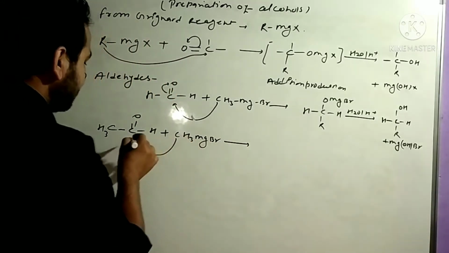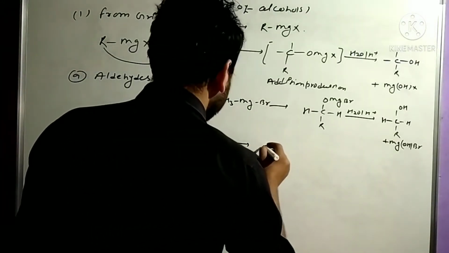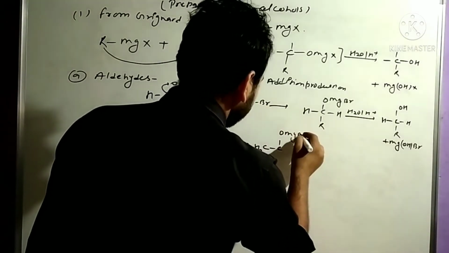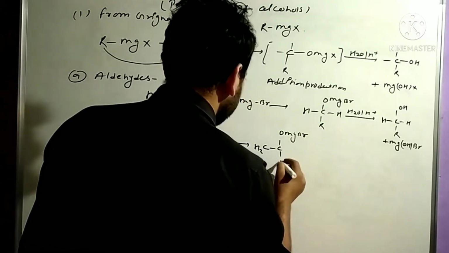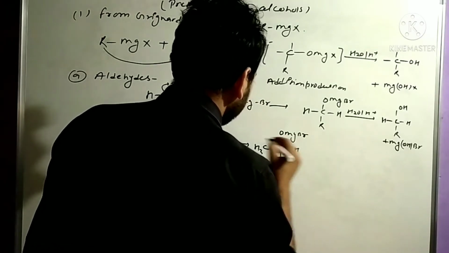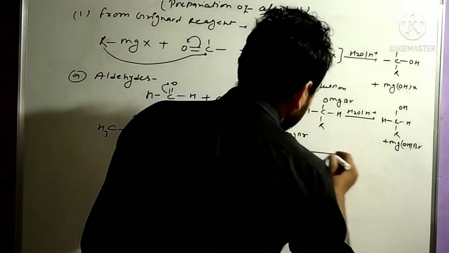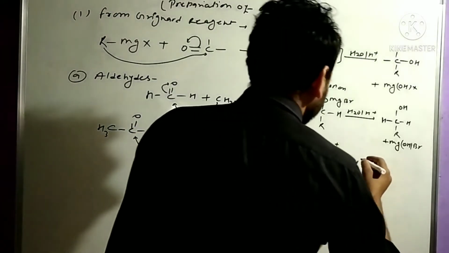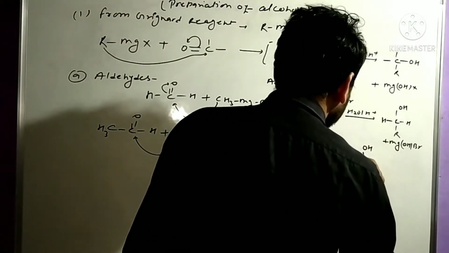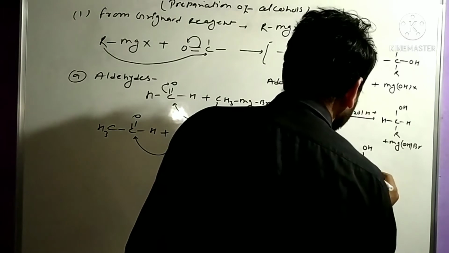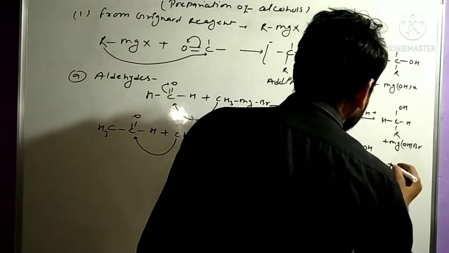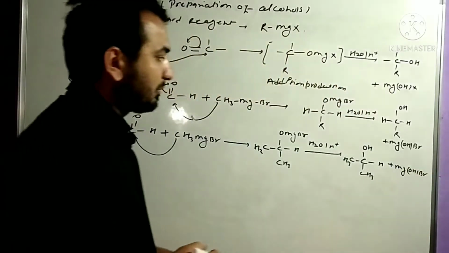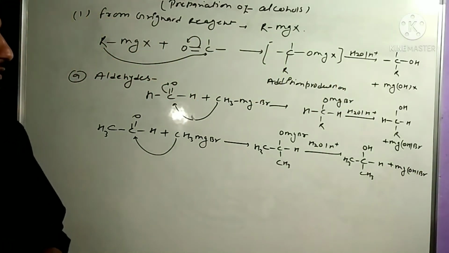Again one CH3 is attached, forming CH3 CH OMgBr with CH3 and one H. Then H2O, H plus hydrolysis gives CH3 CH OH CH3 plus MgOHBr. So this is your reaction and the compound.